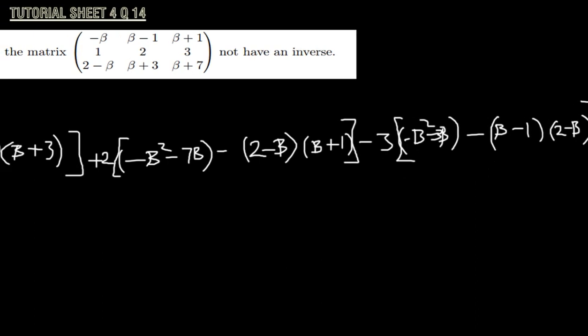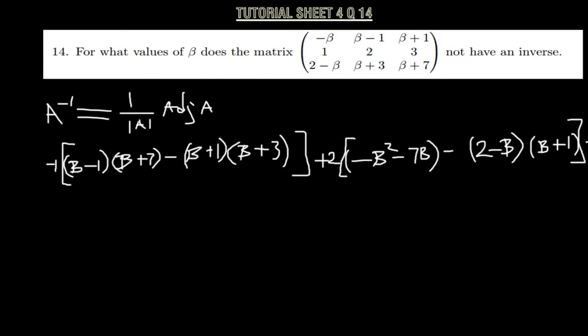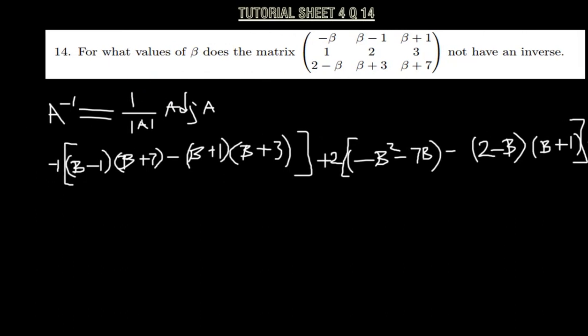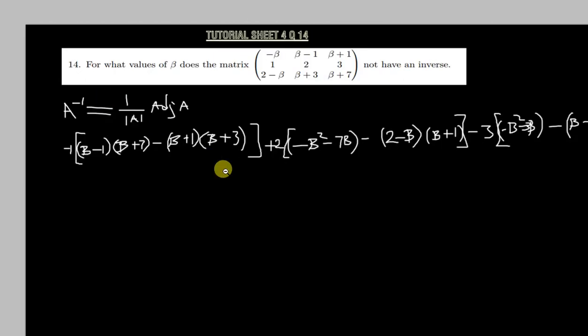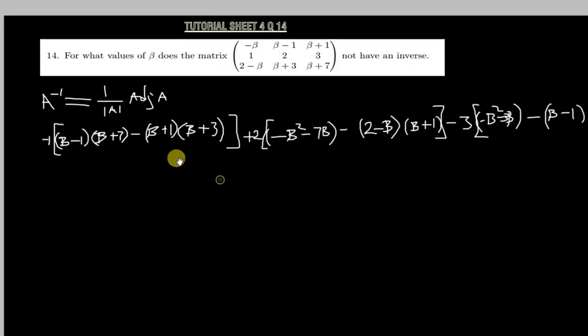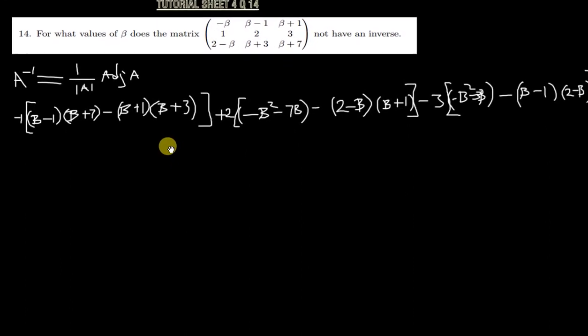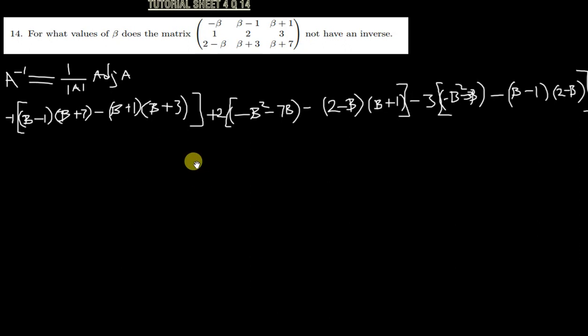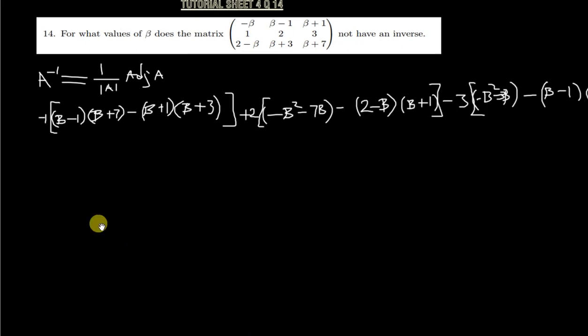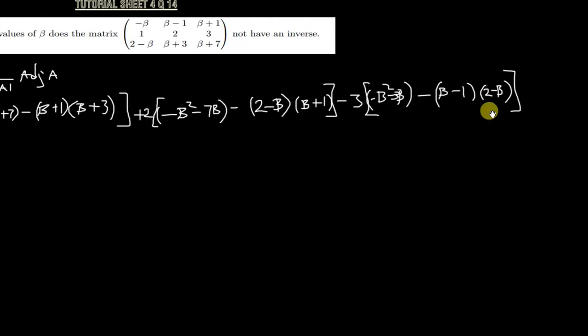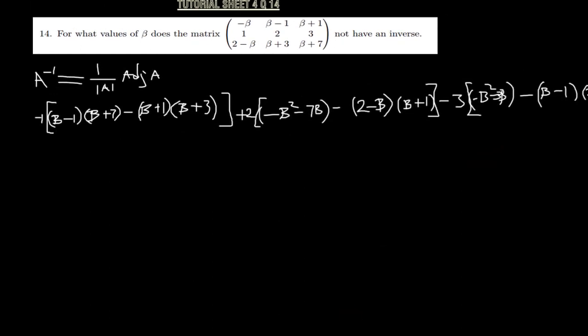Alright, this is okay. What they are trying to say here is that the determinant after doing this is supposed to be 0, so after simplifying this, we have to equate it to 0 and then find the value of beta.